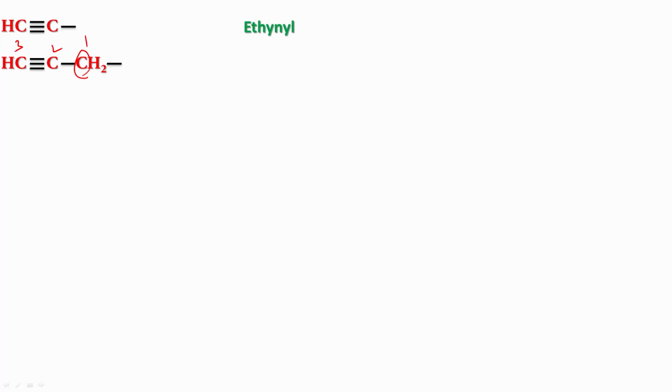Derived from propyne. So it's prop-2-ynyl. Because otherwise, if it was simply propyne, then we don't have to specify the number, because propyne can only be this. But if it is this, you'll have to specify the number because this is the carbon 1. So prop-2-ynyl.